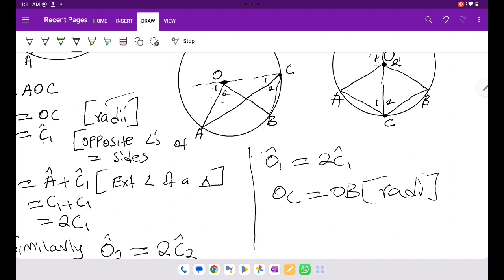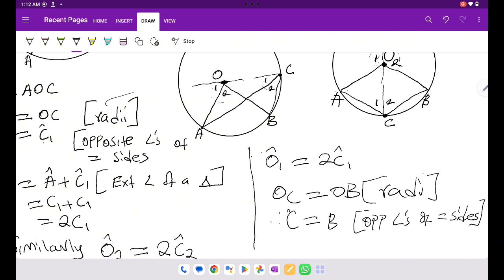So OB equals OC, making this triangle OBC an isosceles. So it means therefore that the whole of angle C equals angle B, because these are the opposite angles of equal sides. Let's not forget this reasoning.